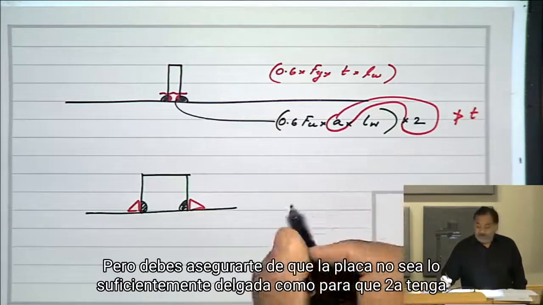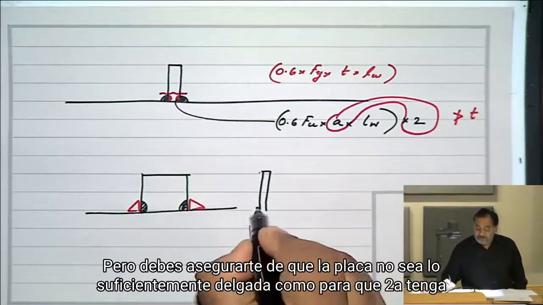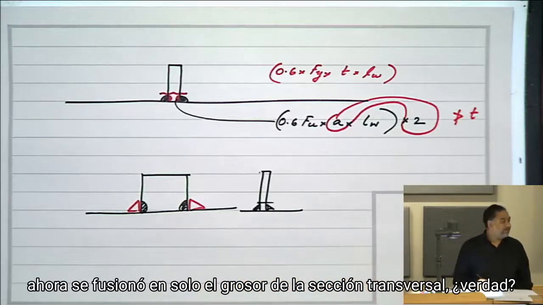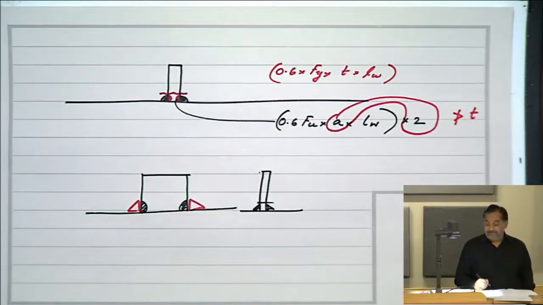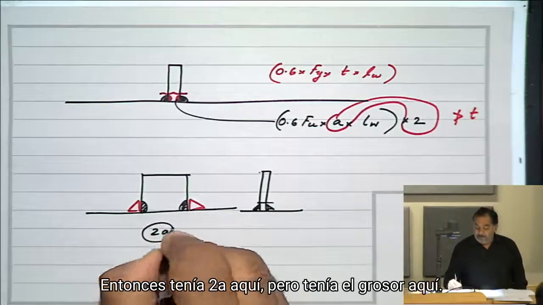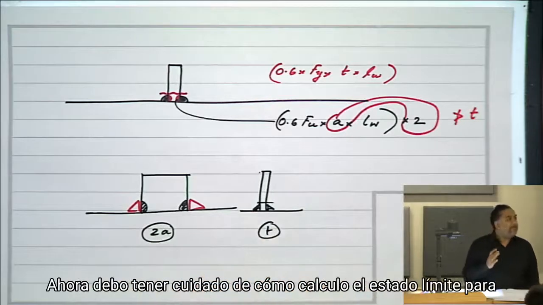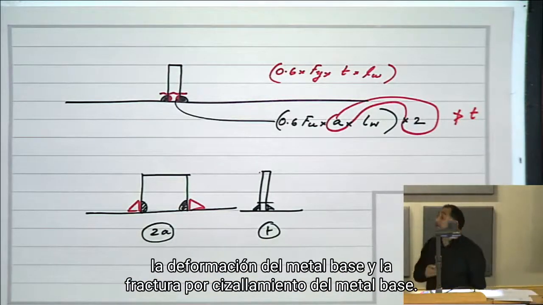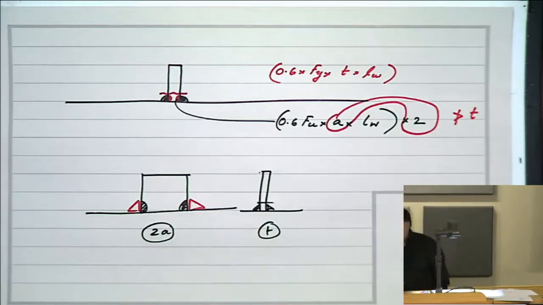But you've got to make sure that the plate is not thin enough that that 2A has now coalesced onto just the thickness of the cross section. Right? So I had 2A here, but I had the thickness here, and I've got to be careful how I calculate the limit state for the base metal yielding and the base metal shear fracture.